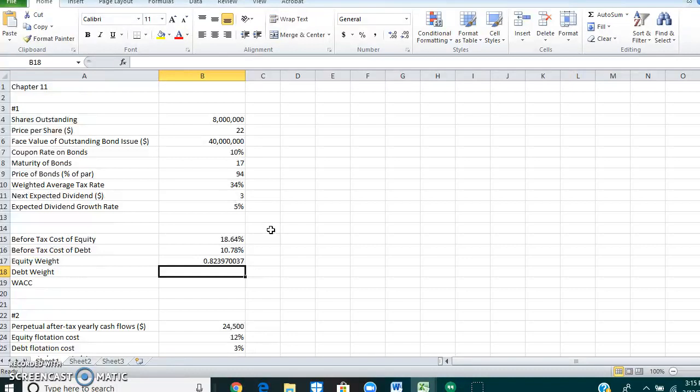Now, our debt weight is a little easier. It's the face value, again, times the price of bonds divided by 100, divided by the price per share times the shares outstanding, plus the face value times the price of bonds divided by 100. So this is what that looks like.